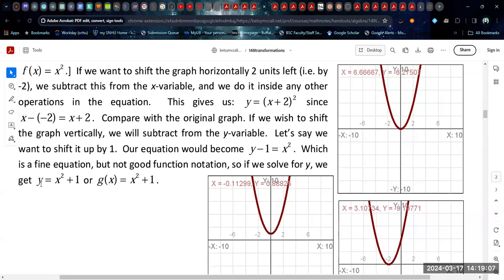So I'm taking my function and I'm increasing the value by 1 in order to shift it up by 1. But on this side of the equation, I'm treating 1 as 0 was, so I'm subtracting 1. Now, like I said, this can be a little bit confusing.